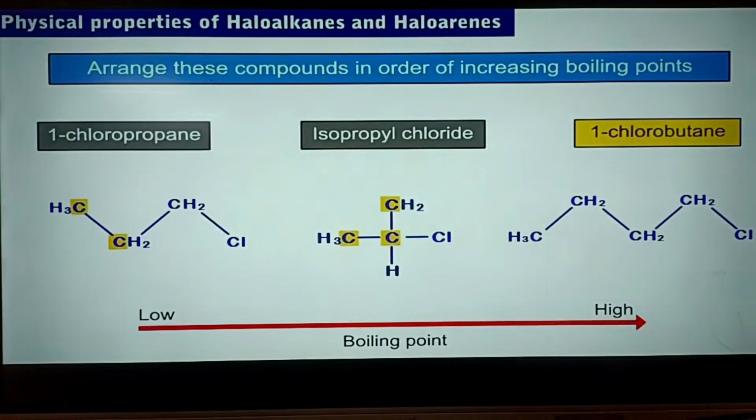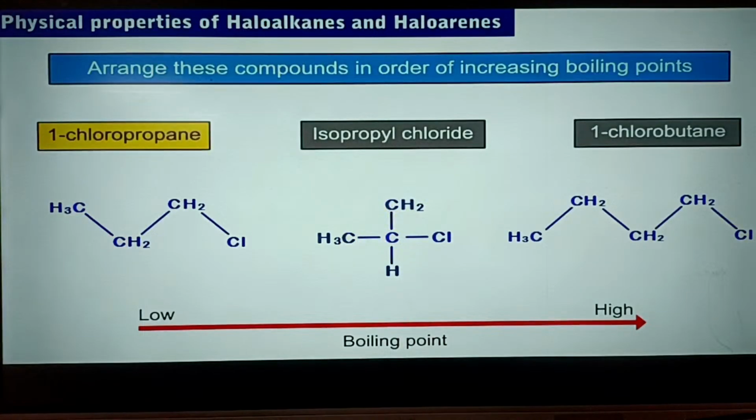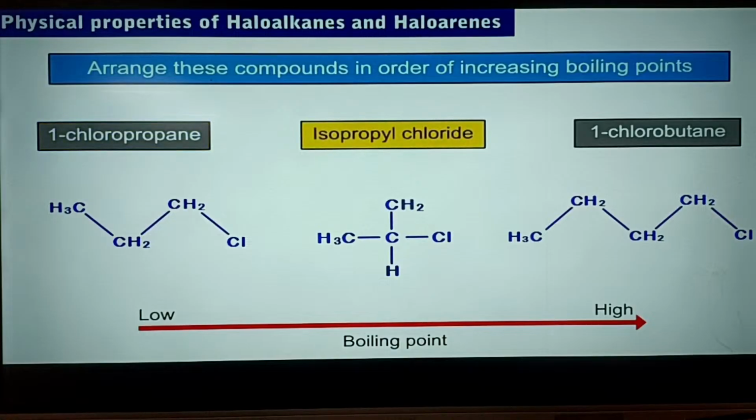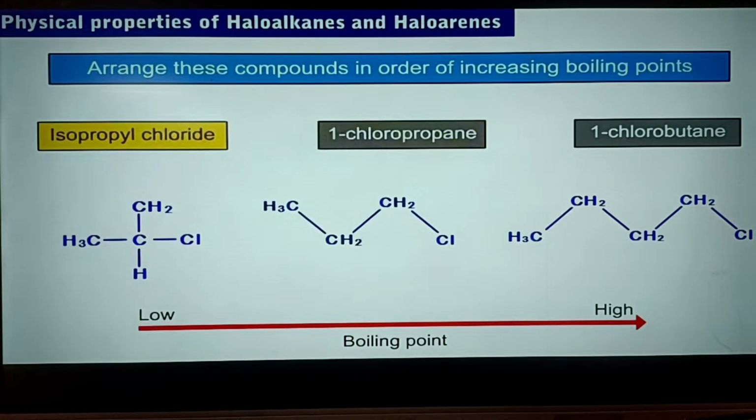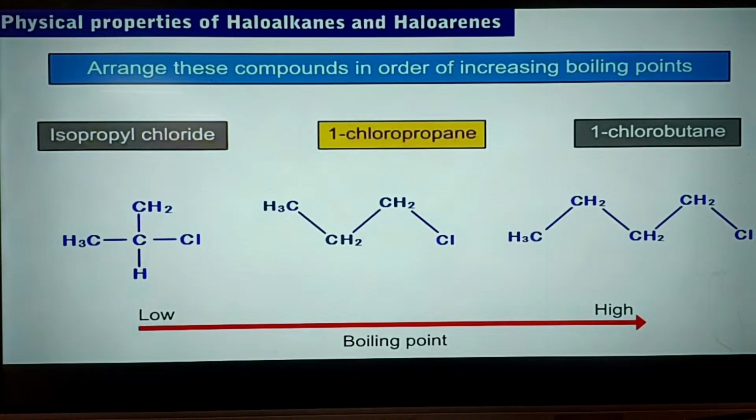The other two compounds have 3 carbon atoms each. But 1-chloropropane is a straight chain, while isopropyl chloride is branched. Branched molecules have lower boiling points, so isopropyl chloride should have the lowest boiling point. 1-chloropropane is in the middle.